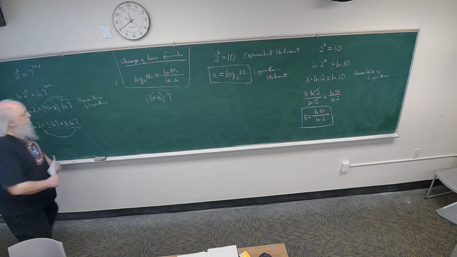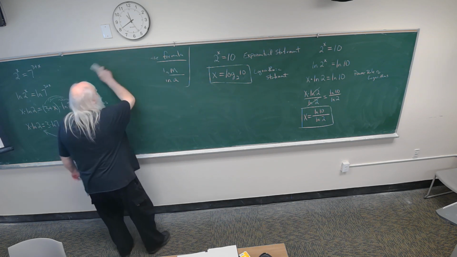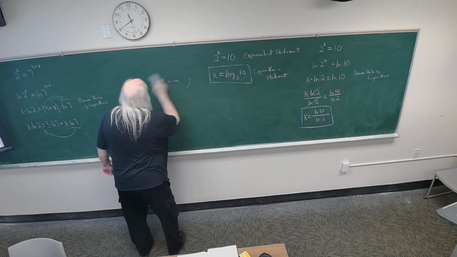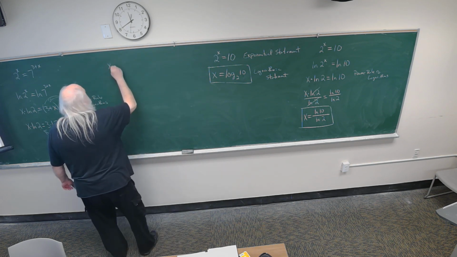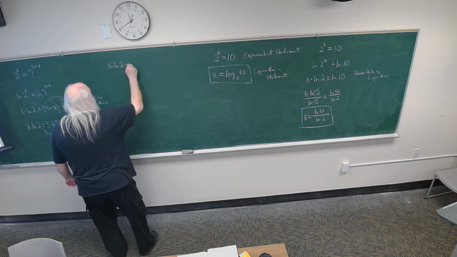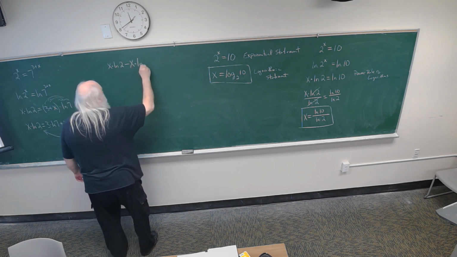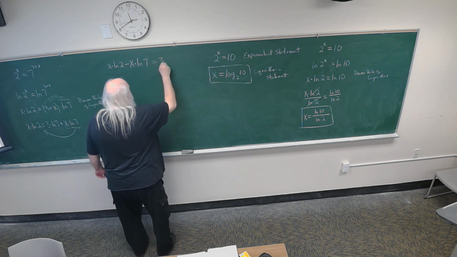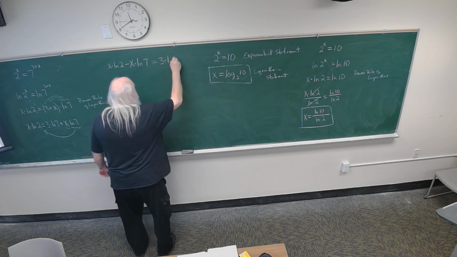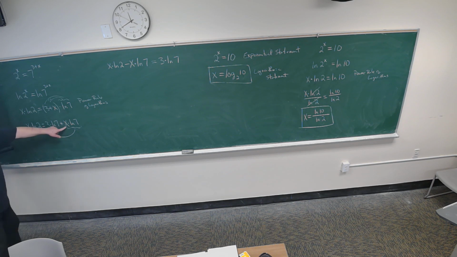And when I do that, I have x times the natural log of 2 minus x times the natural log of 7 is equal to 3 times the natural log of 7. All I did was subtract x times the natural log of 7 from both sides.